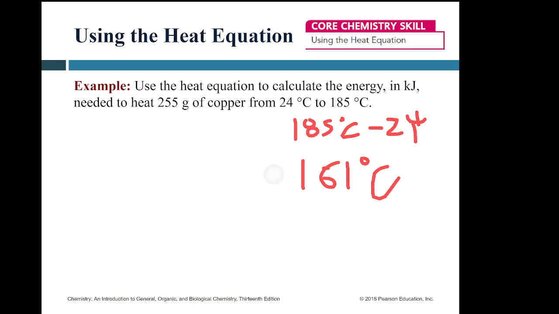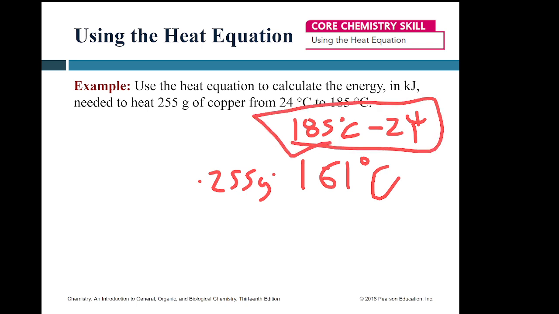Yeah, I need to multiply that by 255 grams. Is there anything else I need to multiply? Specific heat. And that would probably have been the easiest place to start, by the way, because if you looked up the specific heat first, then you have the units, and everything else needs to work out for that. But this was always something you were going to need to do, so that was always a good idea.